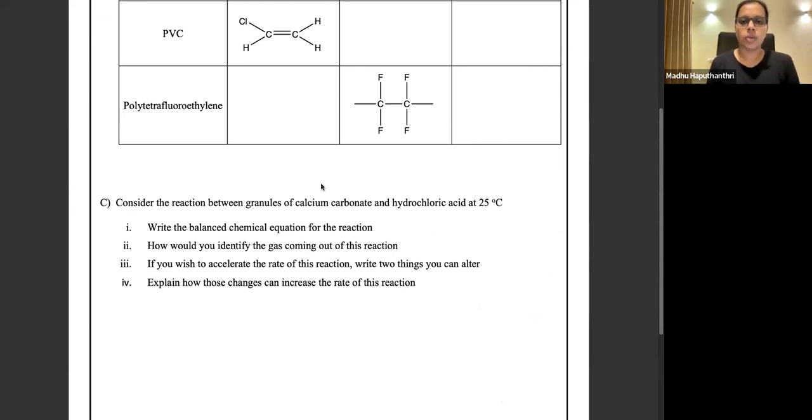If the clear solution is becoming milky or turbid, the gas is CO2. Understood?